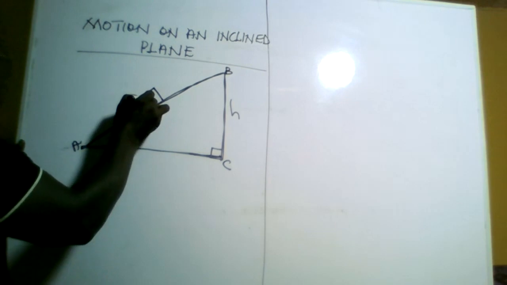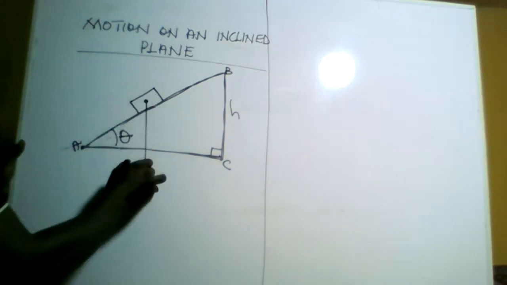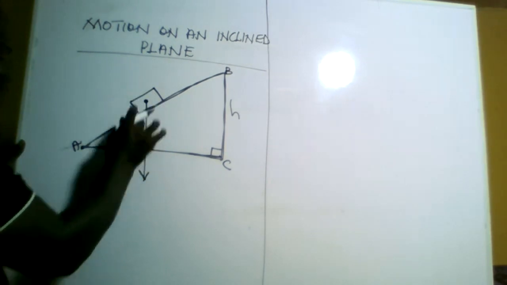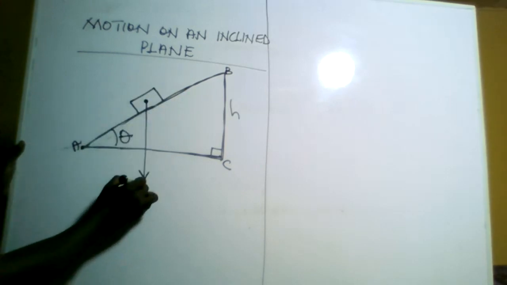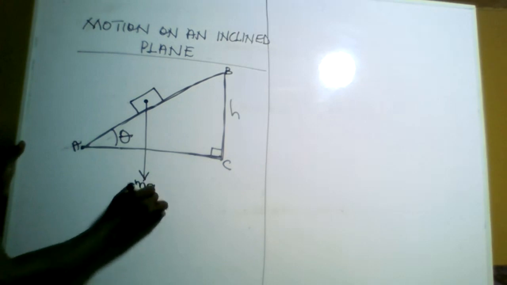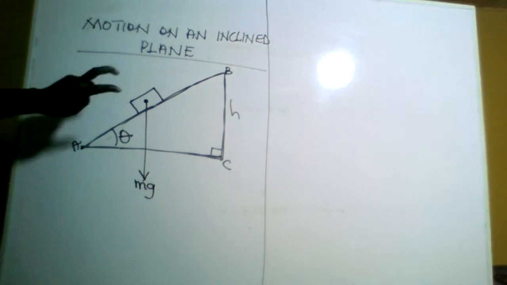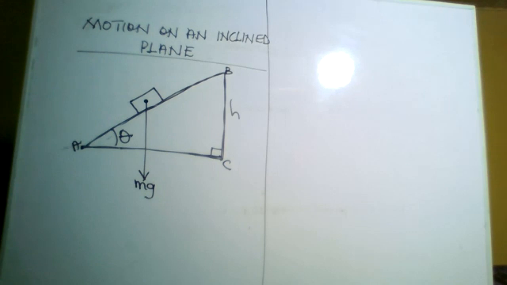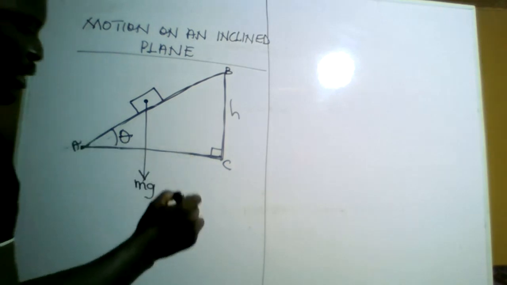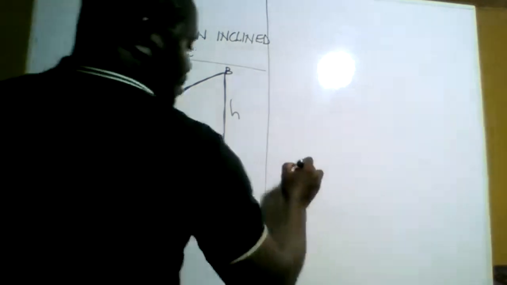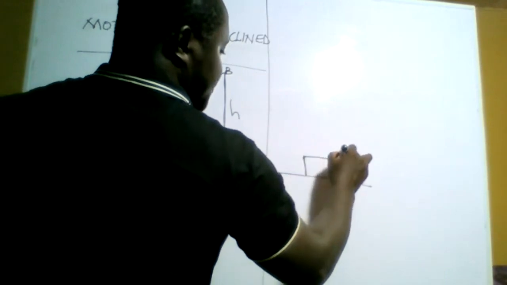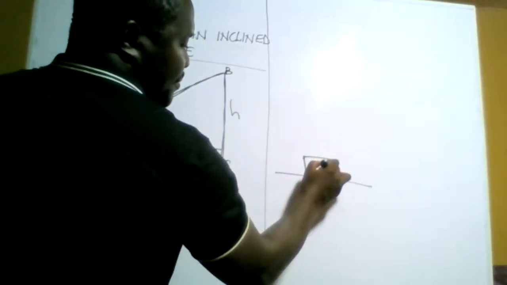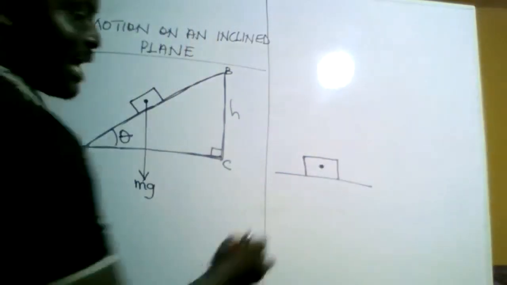So let's have the weight of the mass on the inclined plane given by mg. So mg is the weight of this body on the inclined plane. When we studied line flux on the ground, we realized that the weight acts at the center.